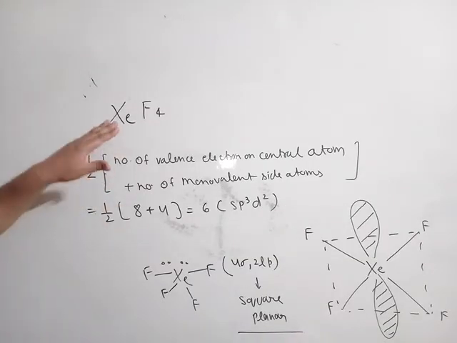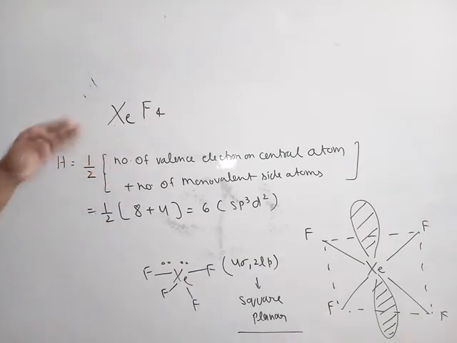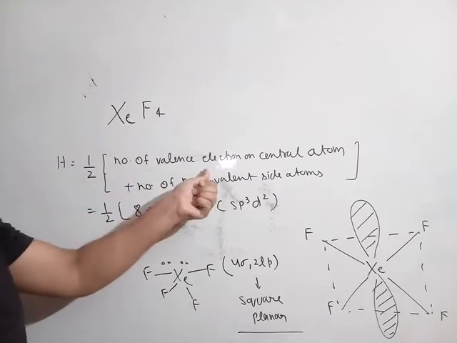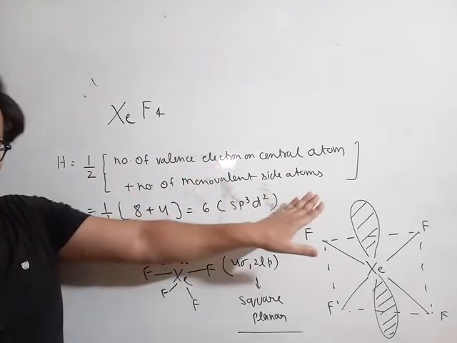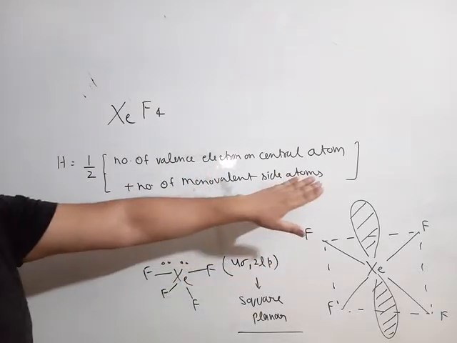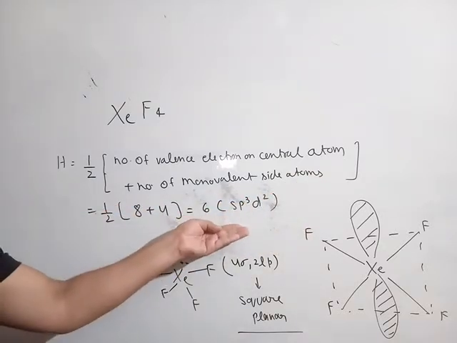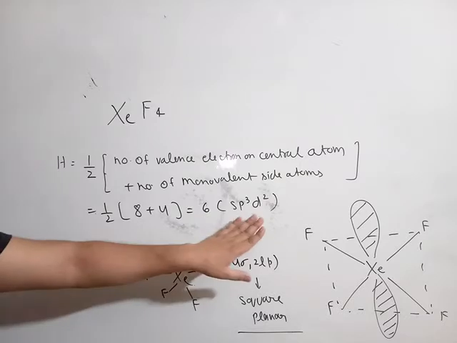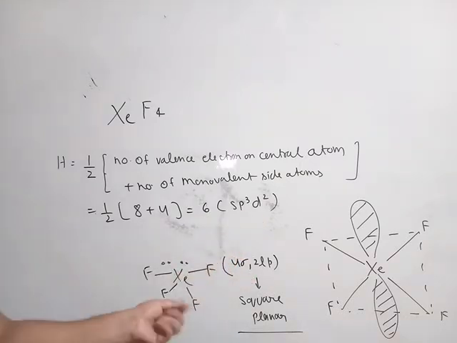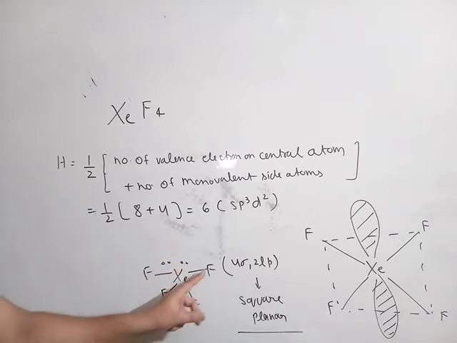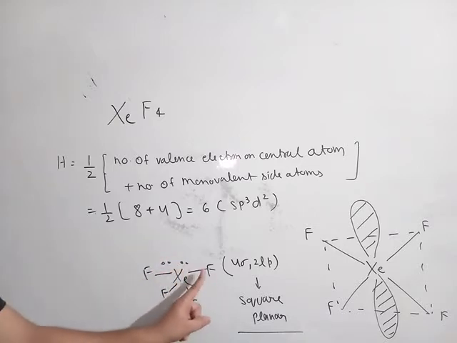Okay, next is XeF4. So what formula you all know here, number of valence electrons on central atom plus number of monovalent side atoms like F, chlorine, bromine, iodine and hydrogen. So the H value is 6, sp3d2 it will be. So if I roughly check the case, if xenon has 8 electrons, and F will be on the side, it will maximum take 1 electron.